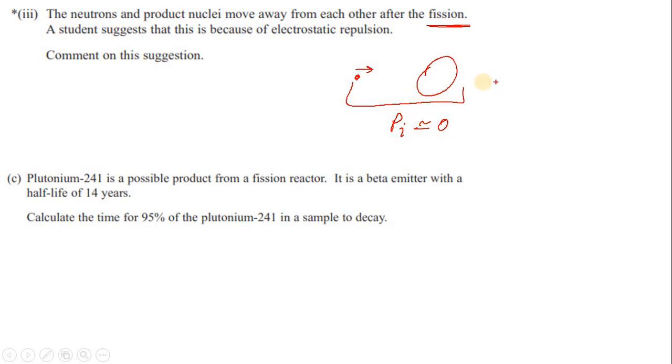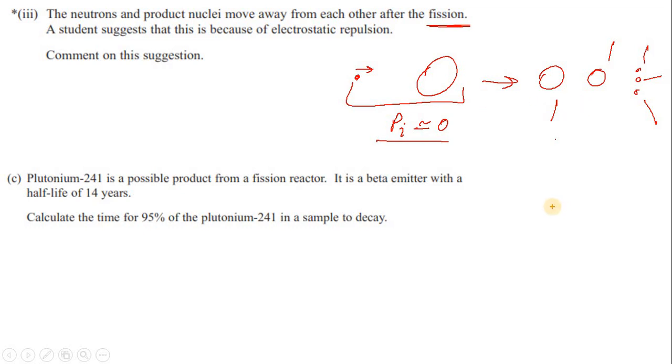After fission we have two lighter nuclei and the neutron, and they are moving away. The reason is that the initial momentum was approximately 0. In order to conserve momentum, these fragments have to move away from each other, so that the momentum stays the same before and after fission.